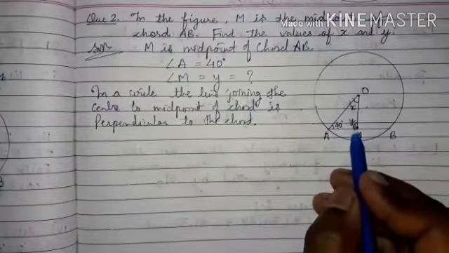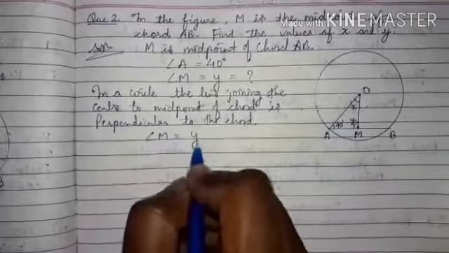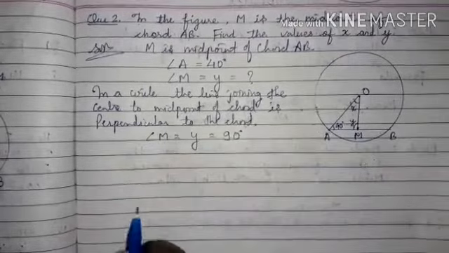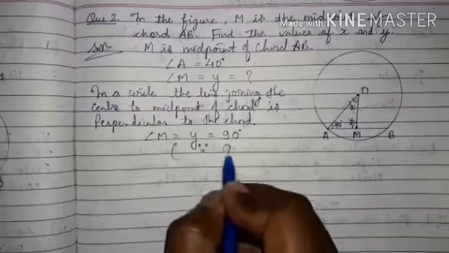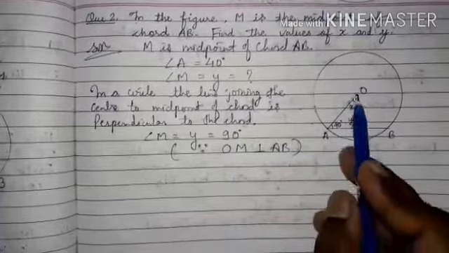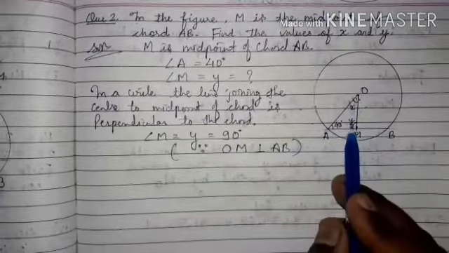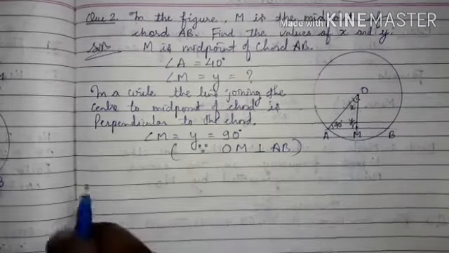It means here angle Y is how many? Angle Y is 90 degrees because OM is perpendicular to AB. Because OM is perpendicular to AB, therefore angle Y or angle M is 90 degrees.